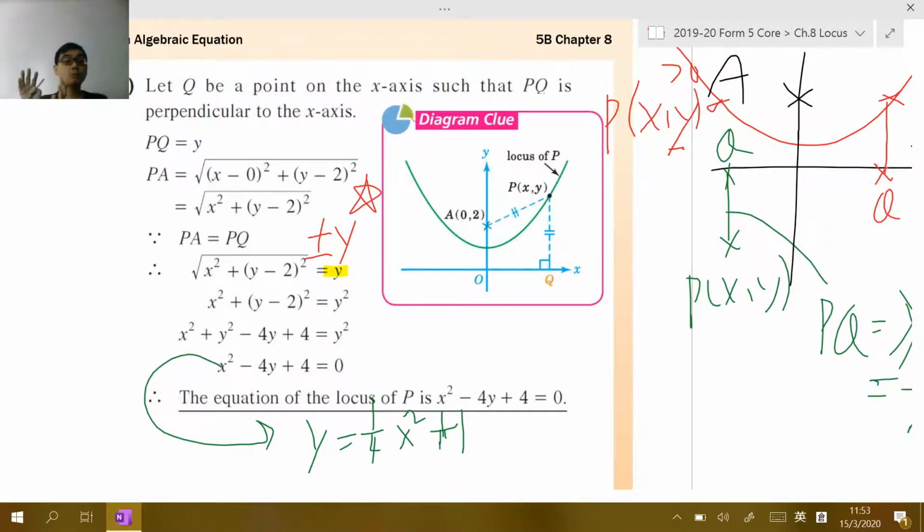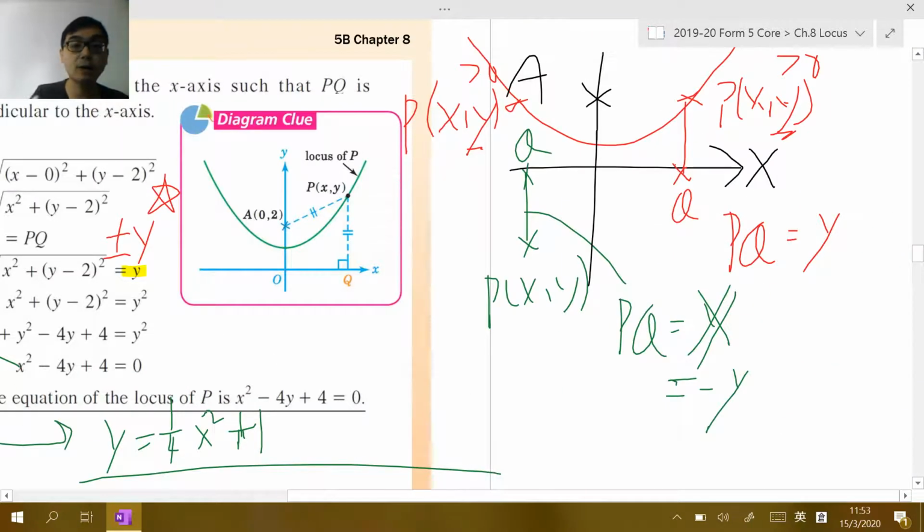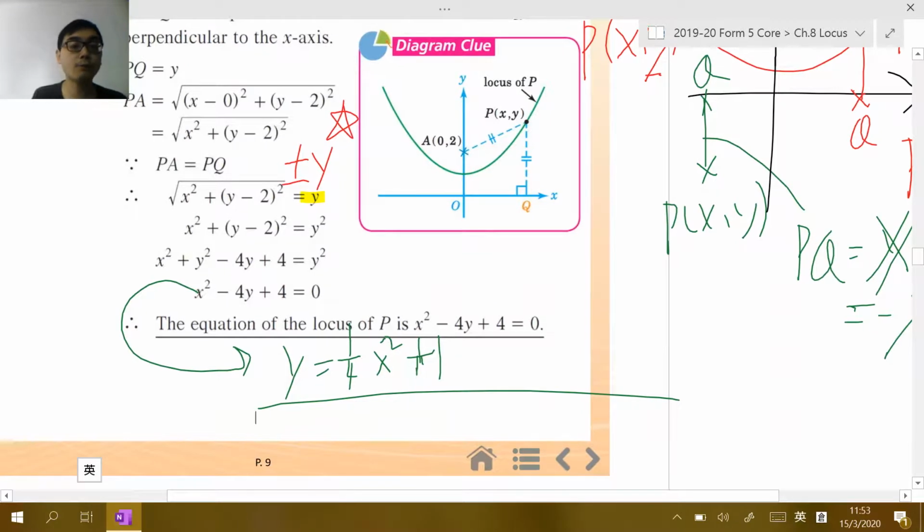First of all, we may not know it is a parabola, so we may write in the general form. That means we put both x and y, or x squared, together. But you can also write in another general form that you learned in Form 4 about the quadratic function: y equals 1 over 4 x squared plus 1 for this question.